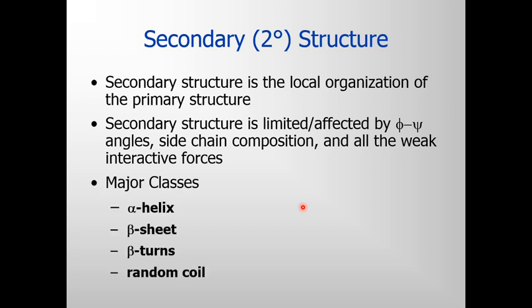Major classes of secondary structural elements include alpha helices, beta sheets, beta turns, and random coil. Random coil is a structure where there is no specific orientation of the side chains of a peptide, hence the name random coil.